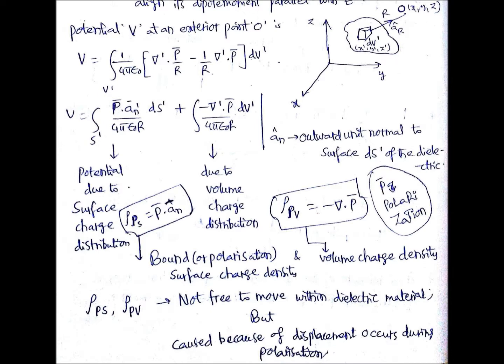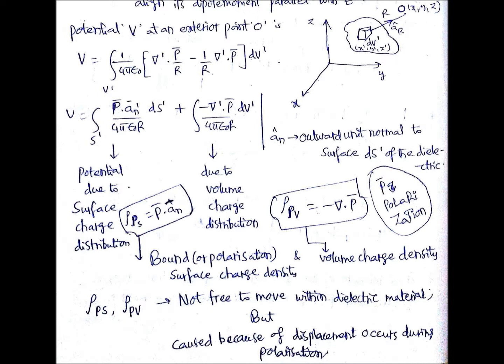That 1 divided by 4 pi epsilon naught I am attaching with both terms, and I apply the divergence theorem for the first term. So you are getting these two terms as a sum for giving the potential. So here what is this an prime? An cap is the outward unit normal to surface ds prime of the dielectric.